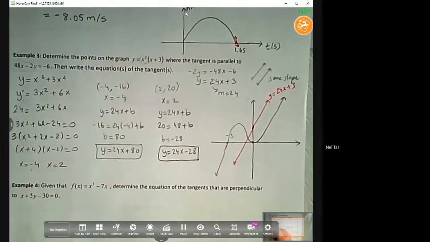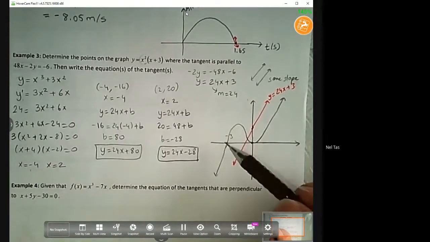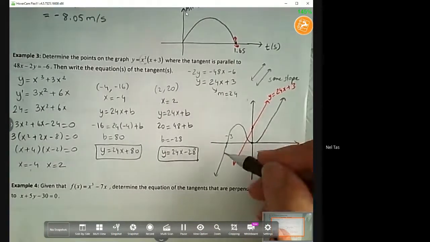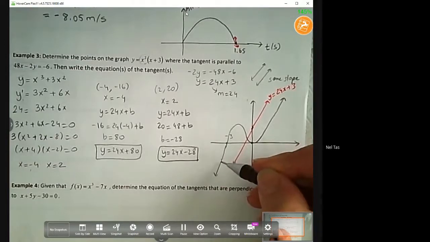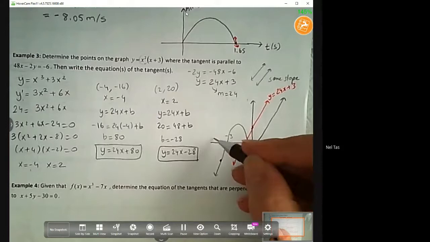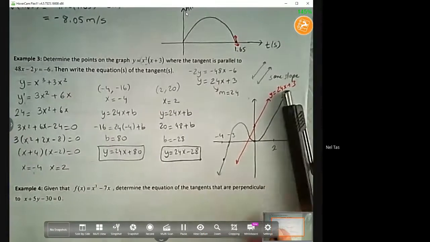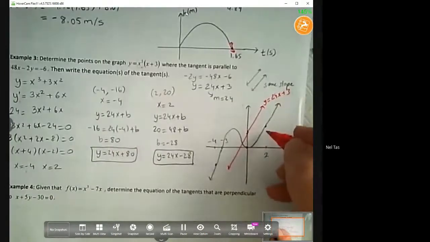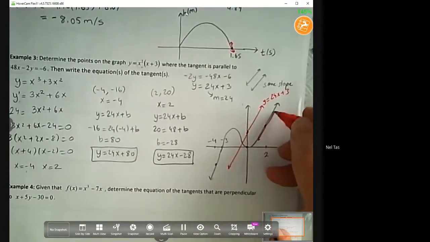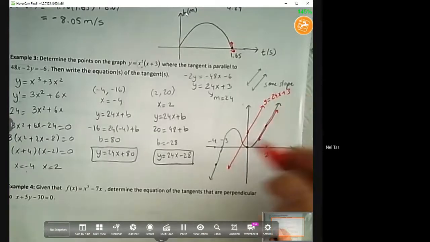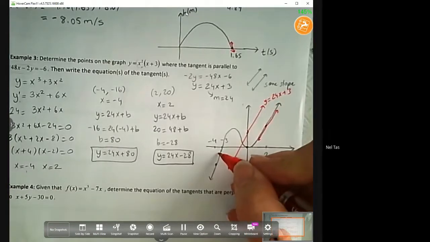Okay, so we found that at x equals negative 4, maybe somewhere here, and at x equals 2, the slopes of the tangents are the same as this y equals 24x line.